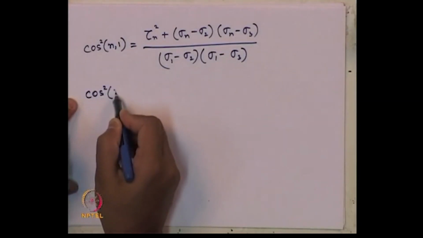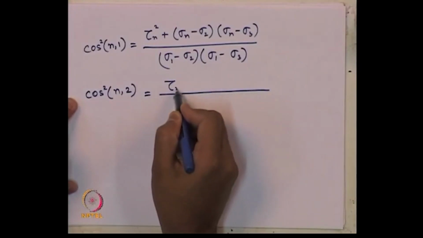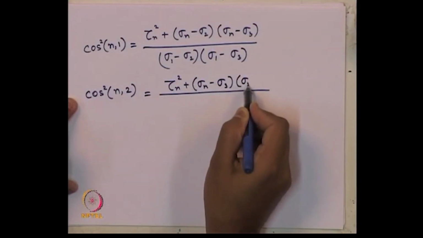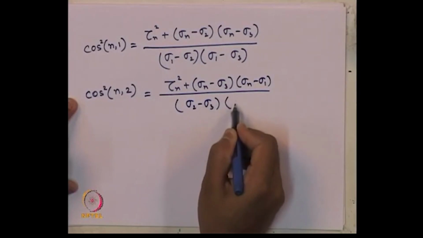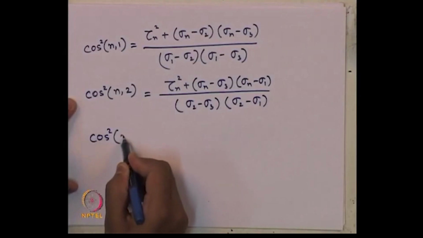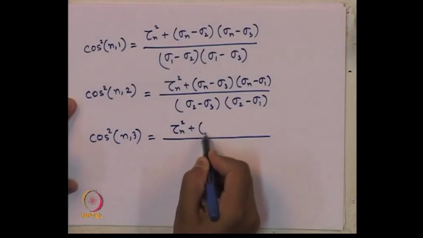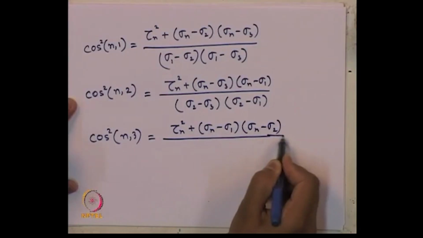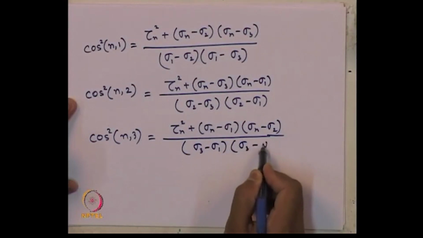Similarly, cosine square n2 is tau n square plus sigma n minus sigma 3 times sigma n minus sigma 1, by sigma 2 minus sigma 3 times sigma 2 minus sigma 1, and cosine square n3 can be solved as tau n square plus sigma n minus sigma 1 times sigma n minus sigma 2, by sigma 3 minus sigma 1 times sigma 3 minus sigma 2.